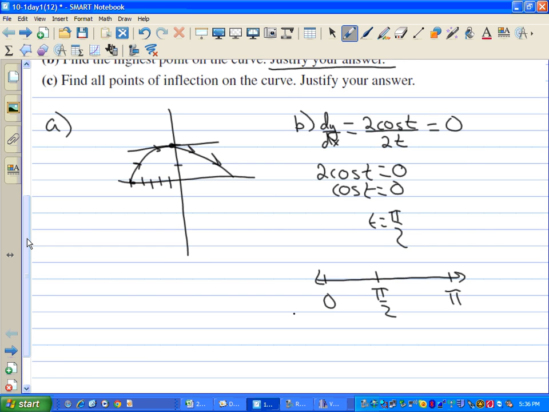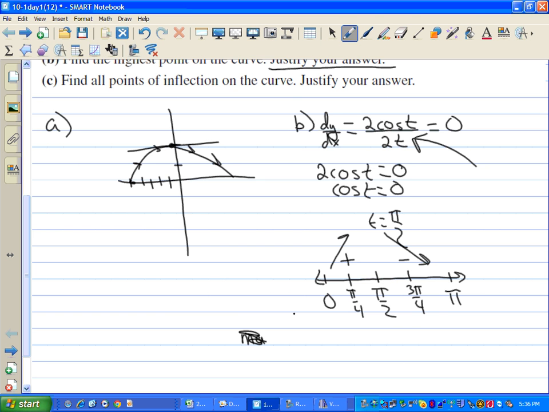So I really don't have to look at the denominator because the denominator is always going to be positive, and that's not going to change the sign of our values. If we look at pi over 4 and 3 pi over 4 for cosine, cosine is positive at pi over 4, and then it's negative at 3 pi over 4. So the curve is going up, and then it's coming down across pi over 2.